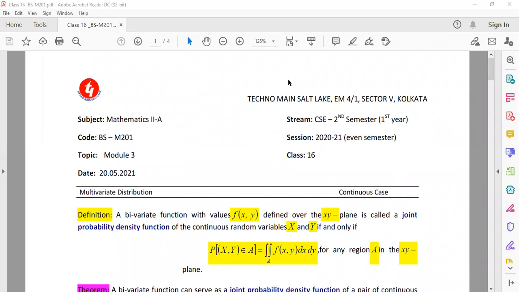But today I'm going to discuss it in detail by showing you examples and problems.